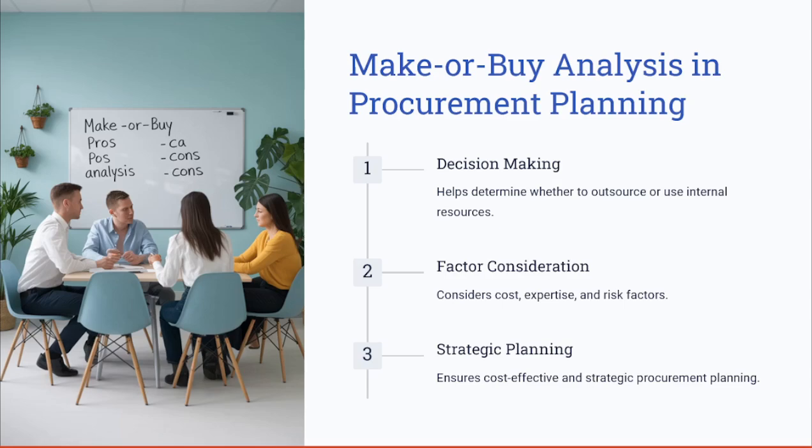I want to highlight the make or buy decision analysis in procurement planning. The make or buy analysis is a critical decision-making process that evaluates whether to procure goods and services externally or to produce them internally.